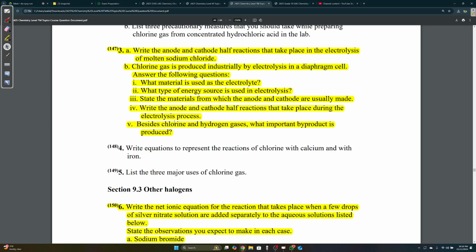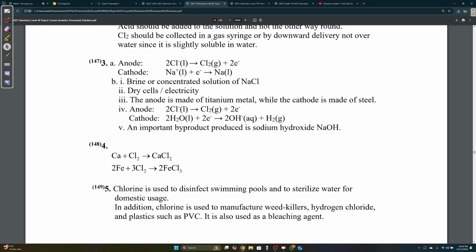Question: besides chlorine and hydrogen gases, what important byproduct is produced? Obviously, it's going to be sodium hydroxide. People are going to say, how is it sodium hydroxide? Look, you have NaCl aqueous. As well as that, you need to know, we took this in a previous chapter, that in every solution you always have H plus and OH minus.